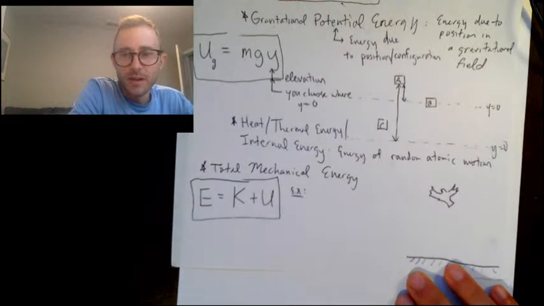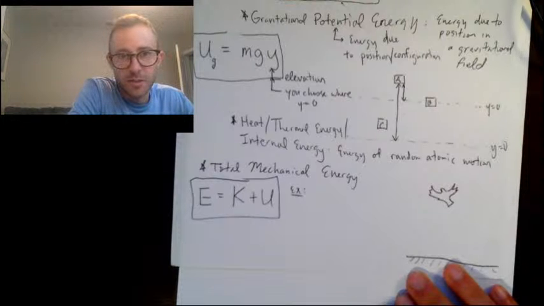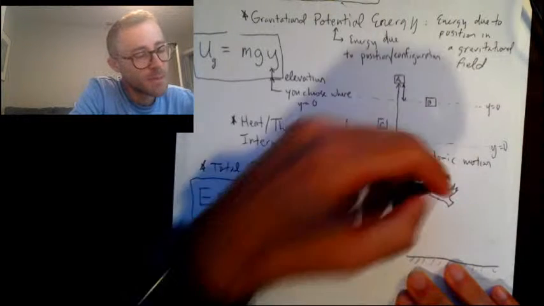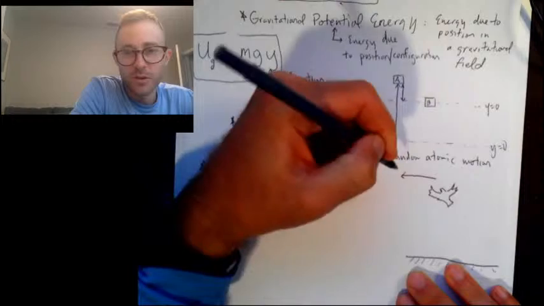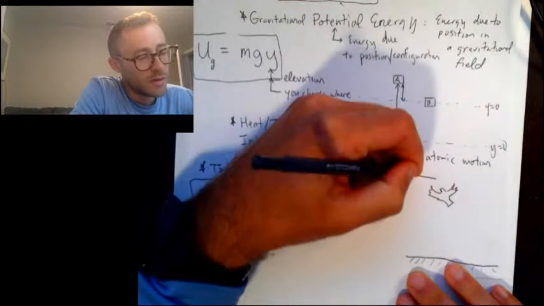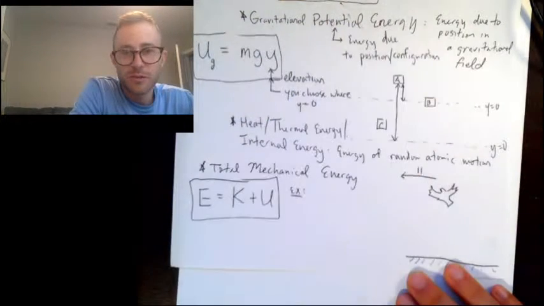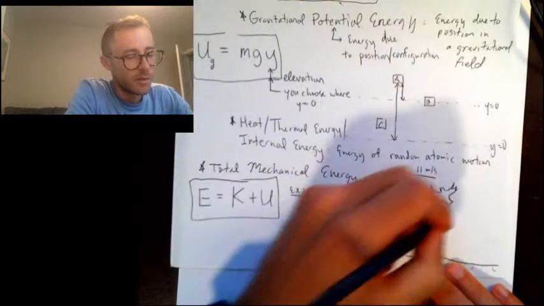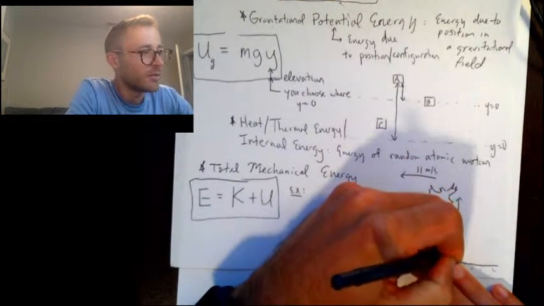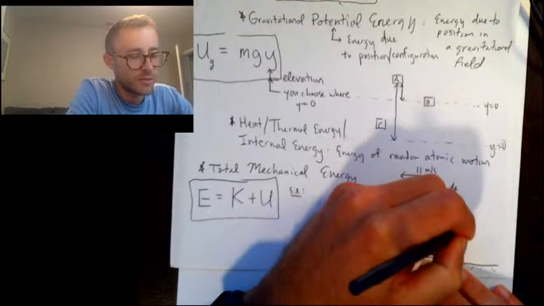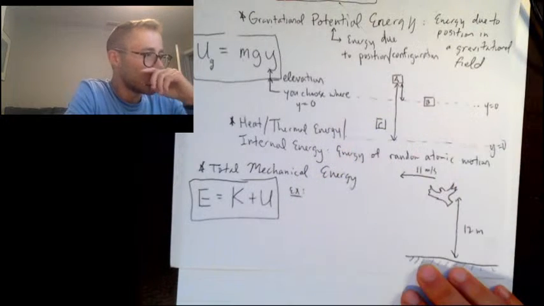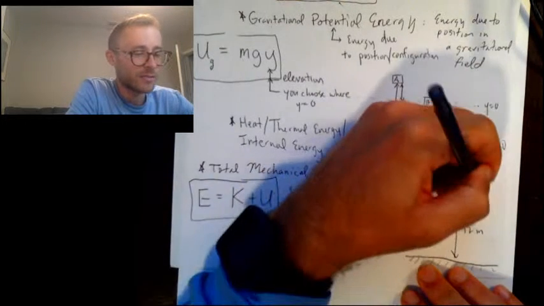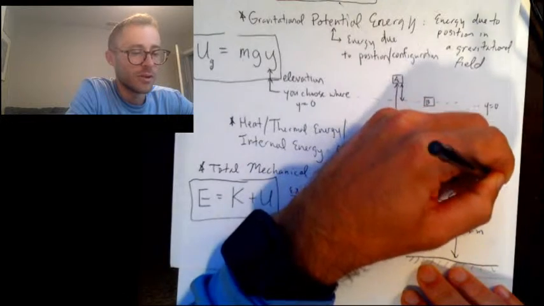Okay, I guess that's a bird. I don't know, it kind of looks like a maple leaf / bird. And let's say that the bird is going this way at 11 meters per second. It's going to the left at 11 meters per second. The bird has an elevation of 12 meters. And the bird has a mass of 1 kilogram.